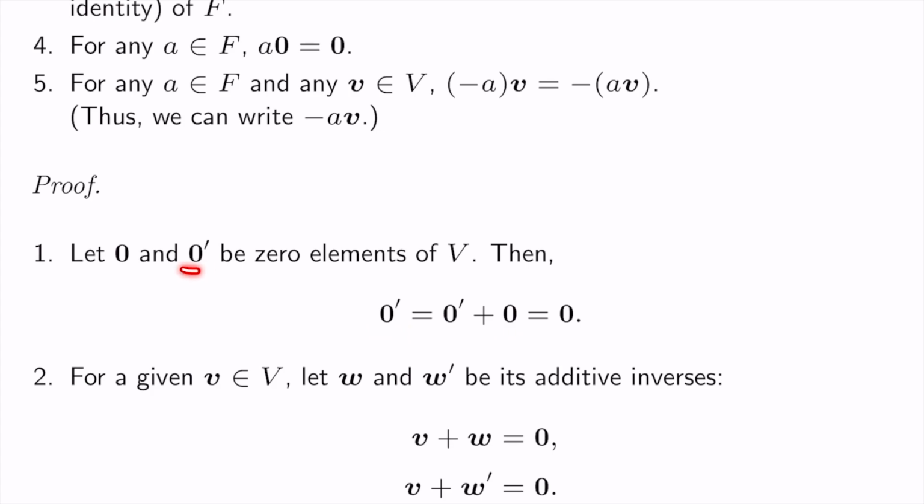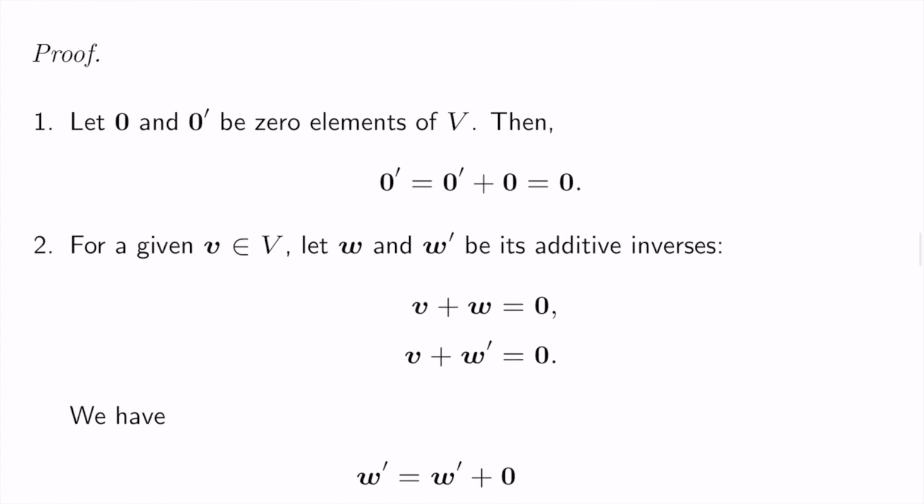But here, 0 prime is also assumed to be the zero vector, so adding this to this 0 doesn't change this 0. So therefore, this is equal to this.